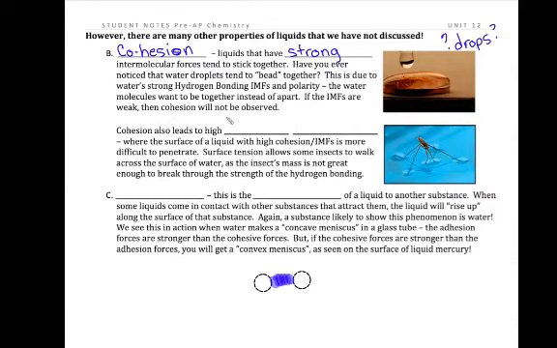Now, cohesion adds to what's called a high surface tension. It's really about the surface molecules. The molecules down here can feel attractions in all different directions, but molecules on the surface have a stronger attraction because they're not maximizing all of their attractive forces.